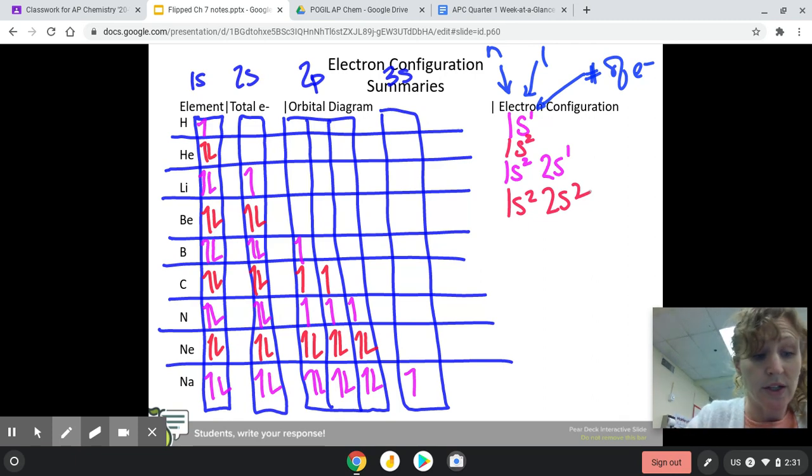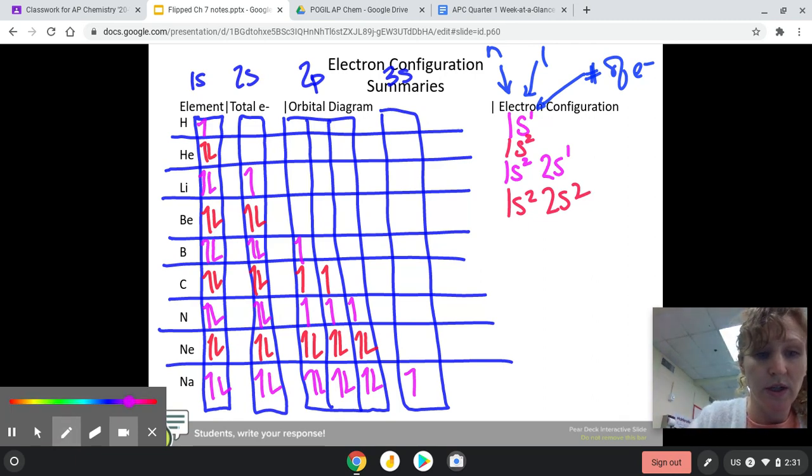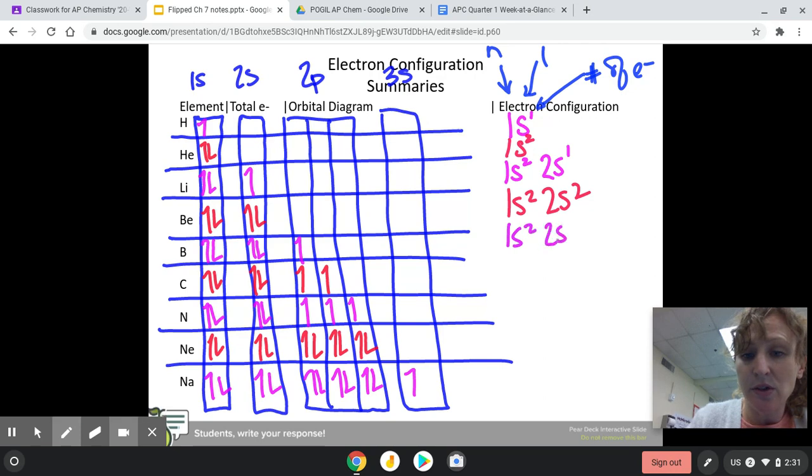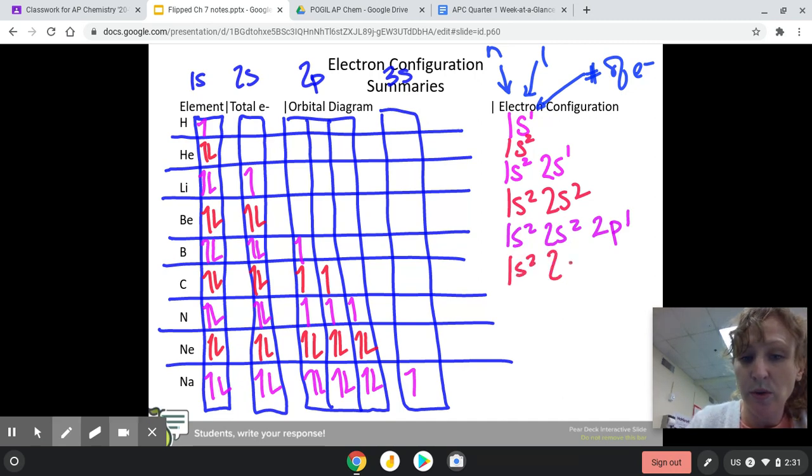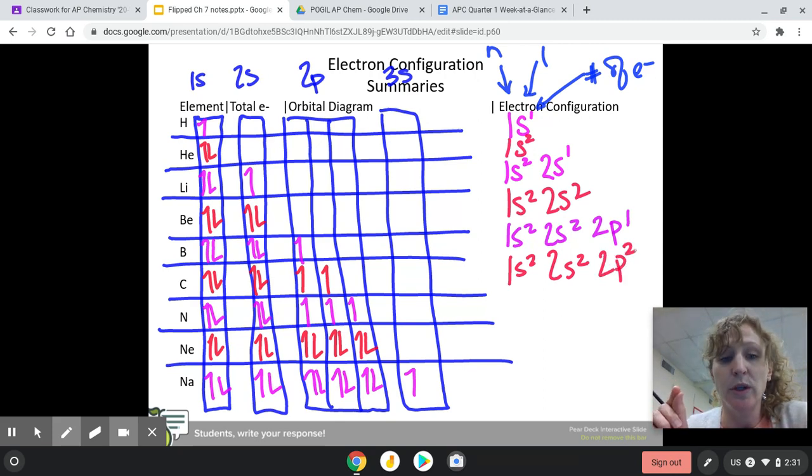Beryllium will be 1s2, 2s2. Boron will be 1s2, 2s2, 2p1. Carbon will be 1s2, 2s2, 2p2. Notice how I group the 2p orbitals together and I don't write them separately.